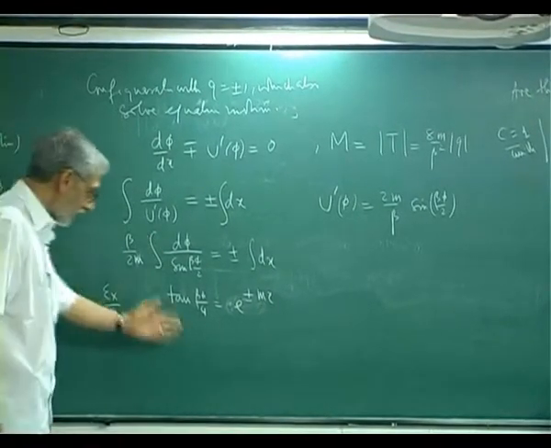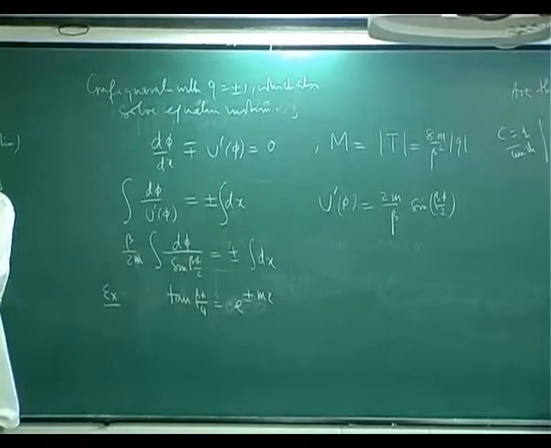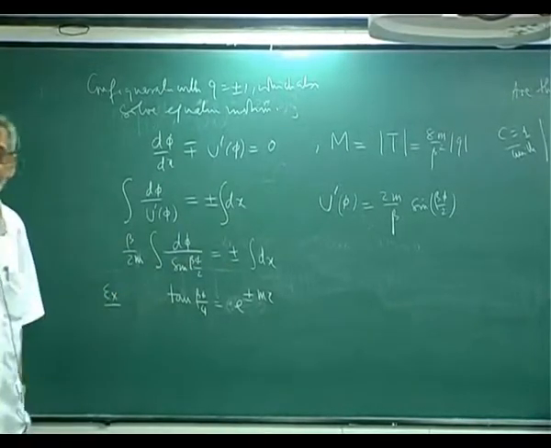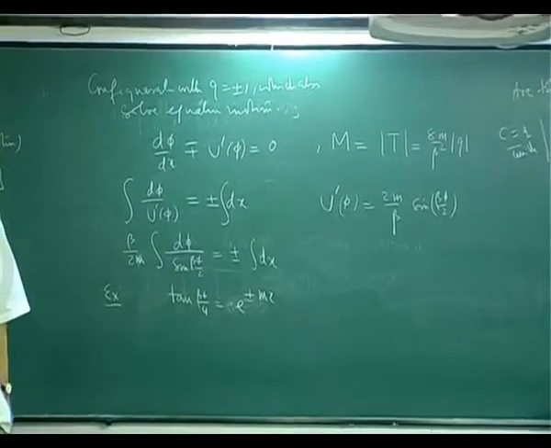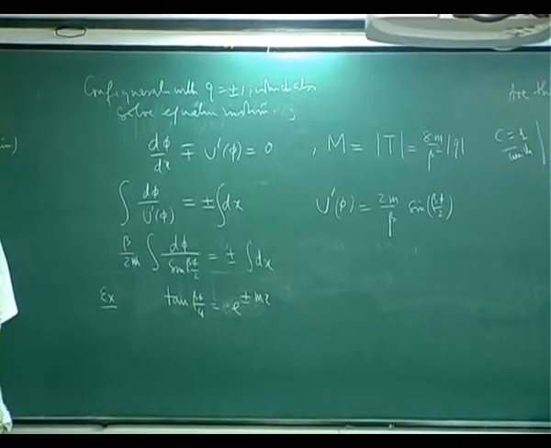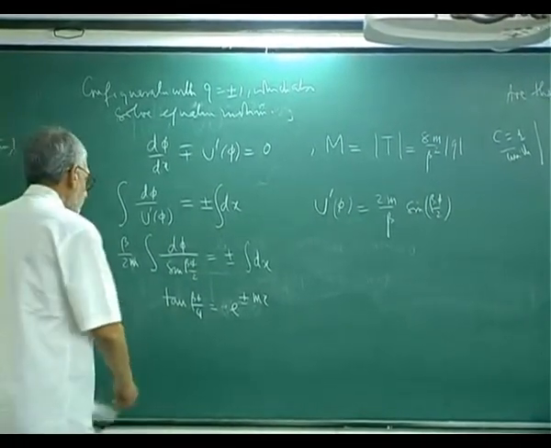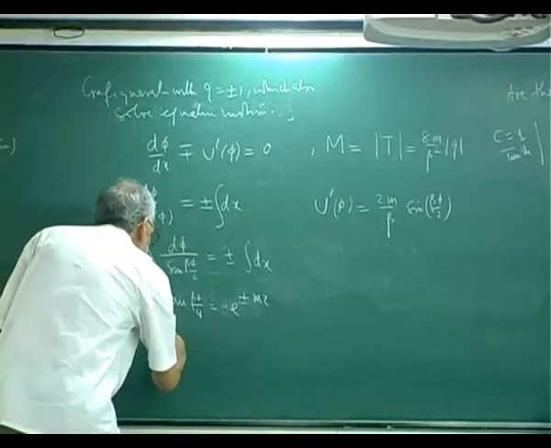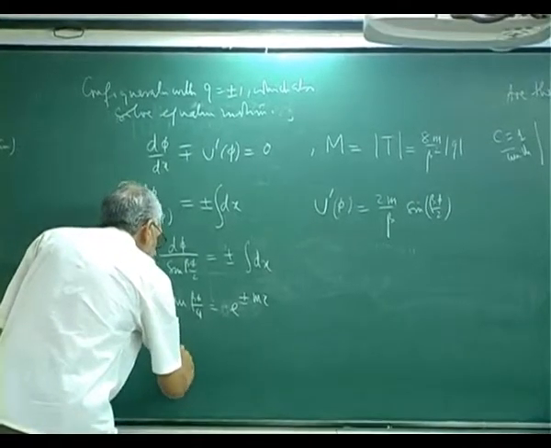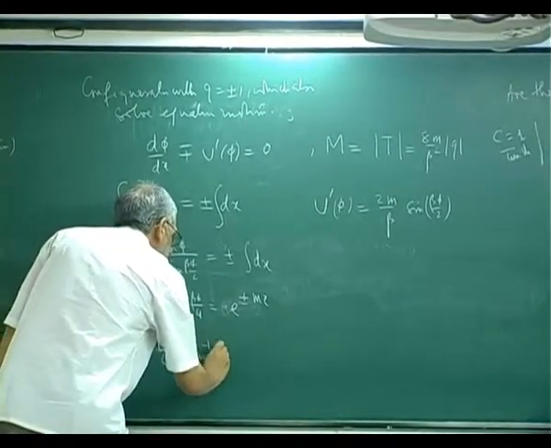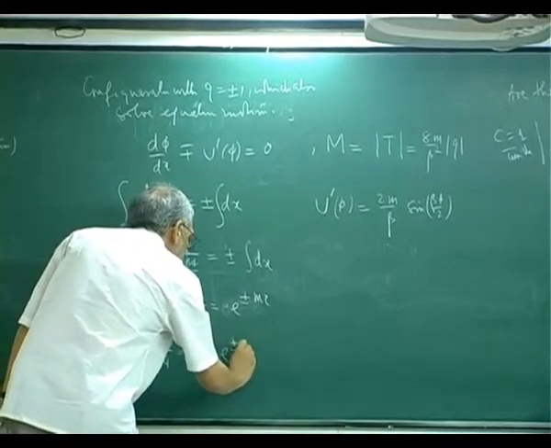Integrate it and solve it. And that's the solution. Or beta phi by 4 is tan inverse of exponential plus minus mx.